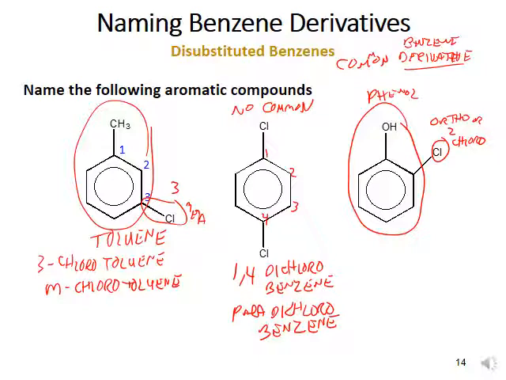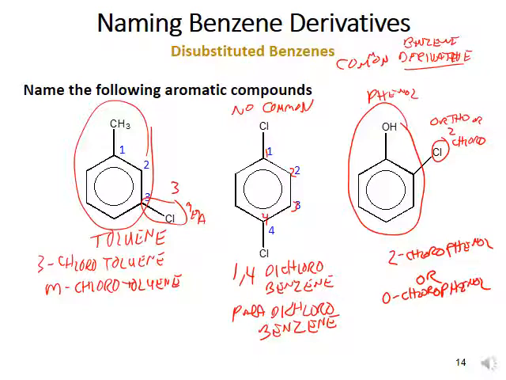And so you can call this 2-chlorophenol or o-chlorophenol. Got it? Good. Let's practice up, be good at it, be able to do it on your own, and let's try maybe one more.